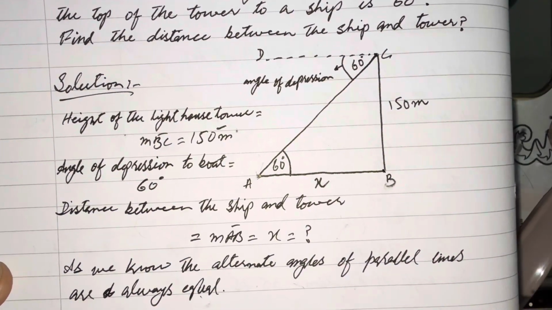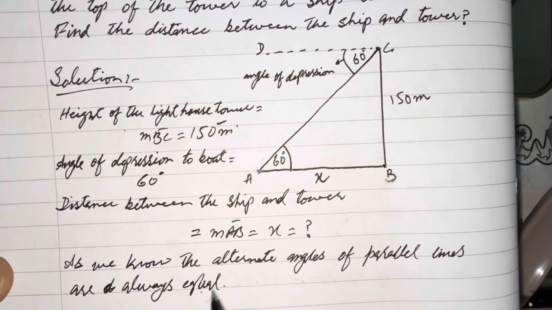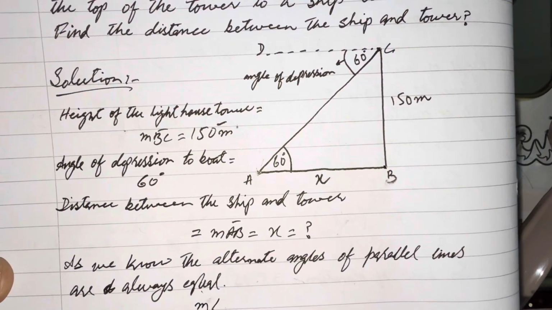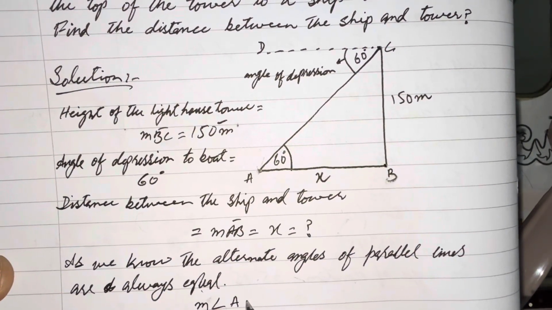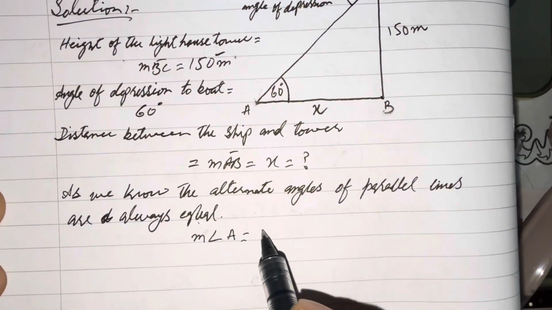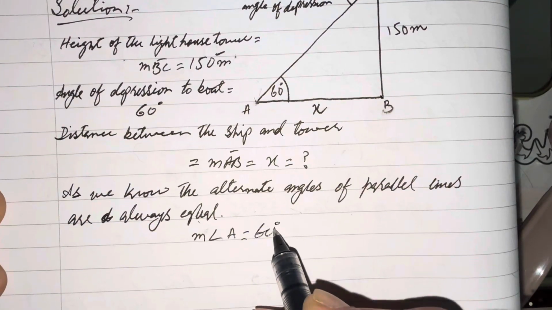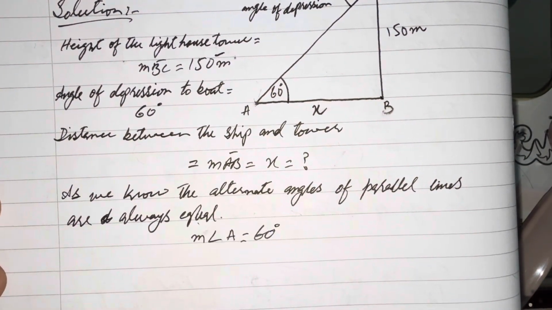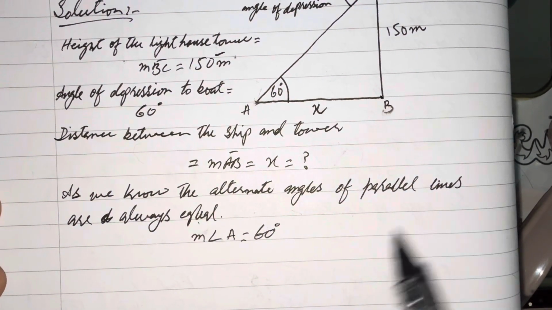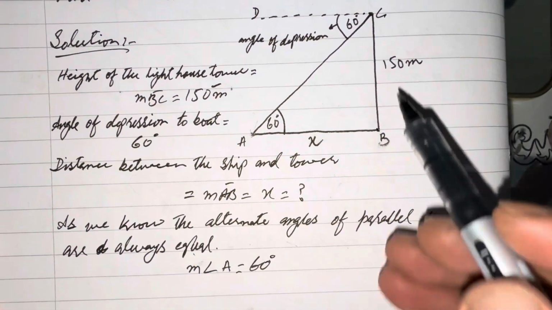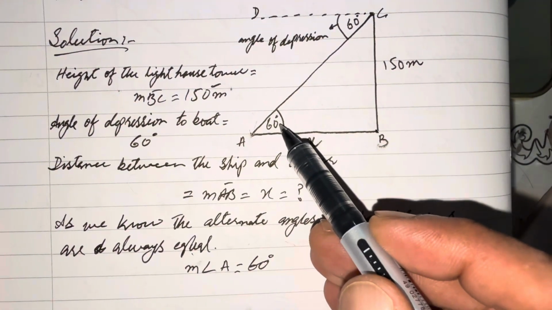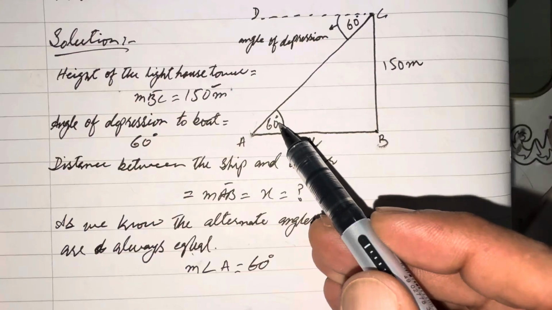So we can say that the measure of angle A is equal to 60 degrees as well.